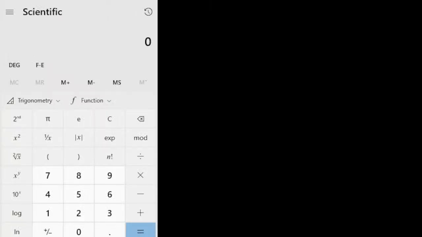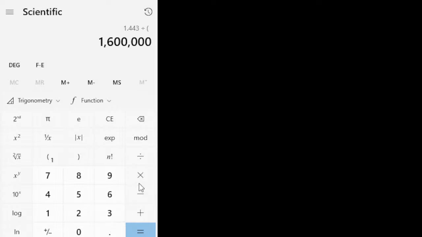Let's use our calculator. So here we are doing 1.443 divided by 1600, and then we have 3 more zeros because it's kilohertz.